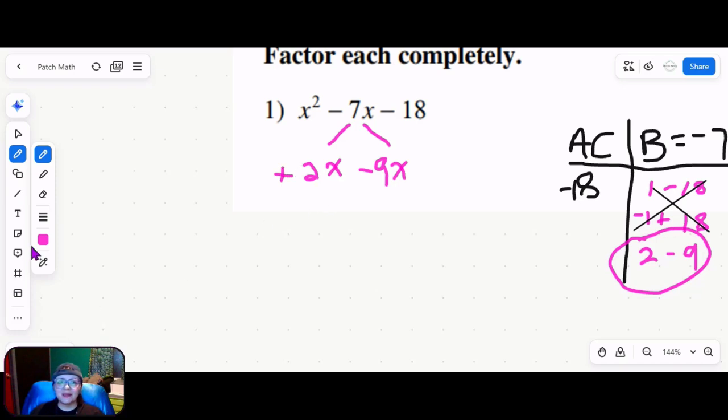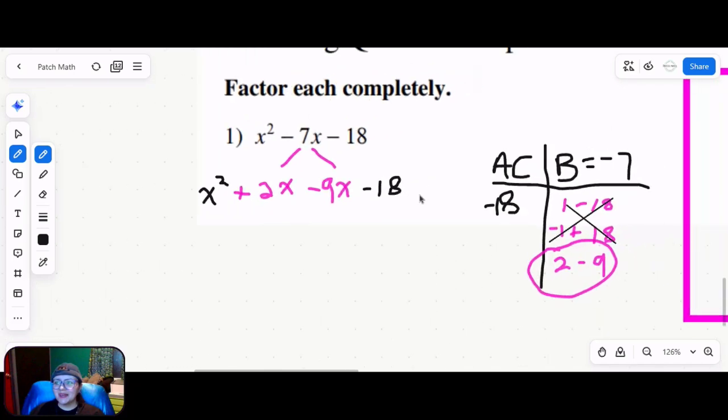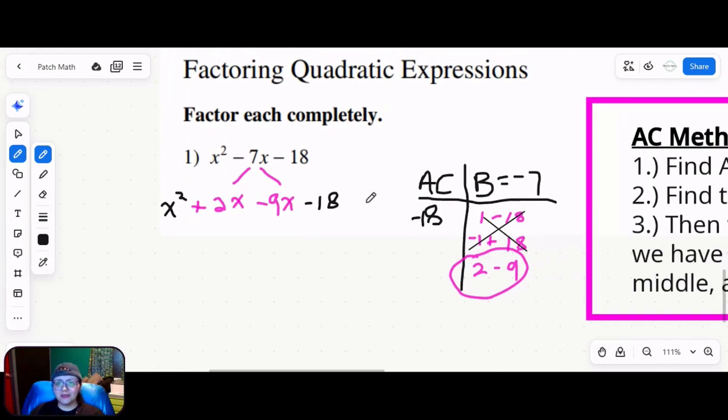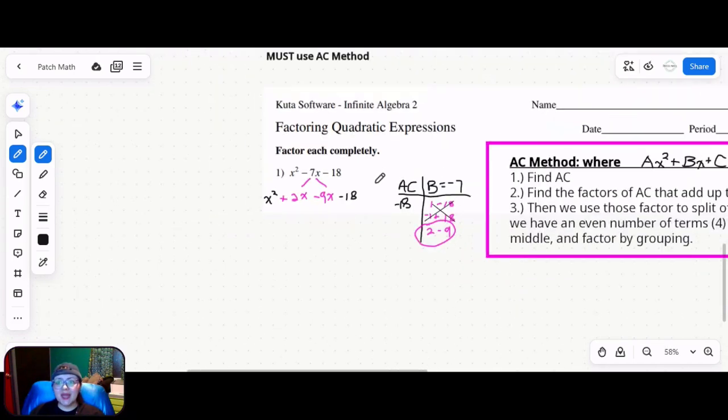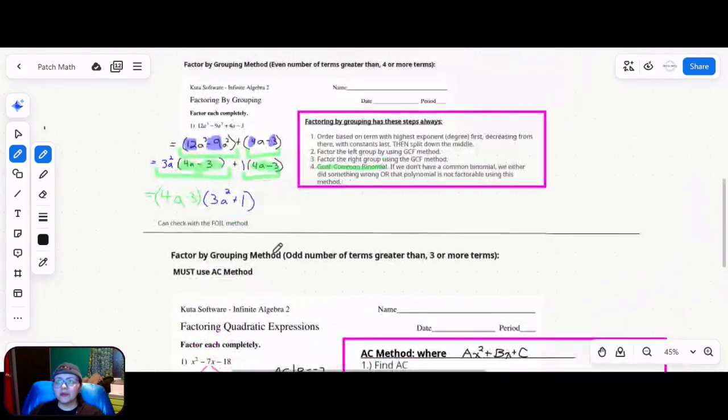All right. Now the rest is just as it's written. That x squared will come on down. And that negative 18 will come on down as well. And now that we have that, suddenly we have 4 terms and we can go into our factoring by grouping.